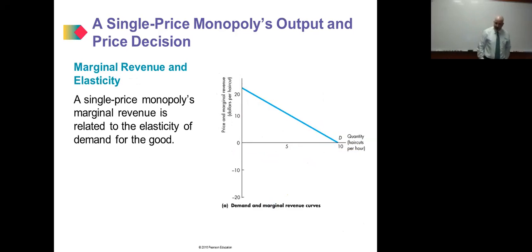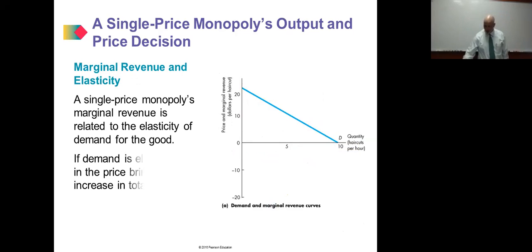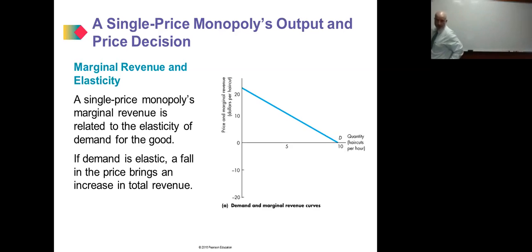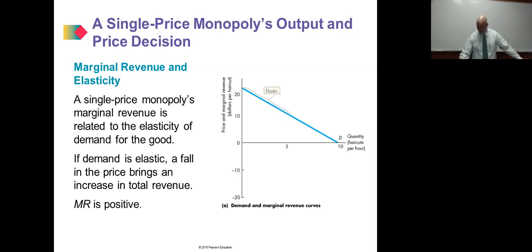A single price monopoly's marginal revenue is related to elasticity of demand. If demand is elastic, a fall in price is going to bring an increase in total revenue. That is how we would describe marginal revenue as positive. All right, so remember, if demand is elastic, marginal revenue is positive.